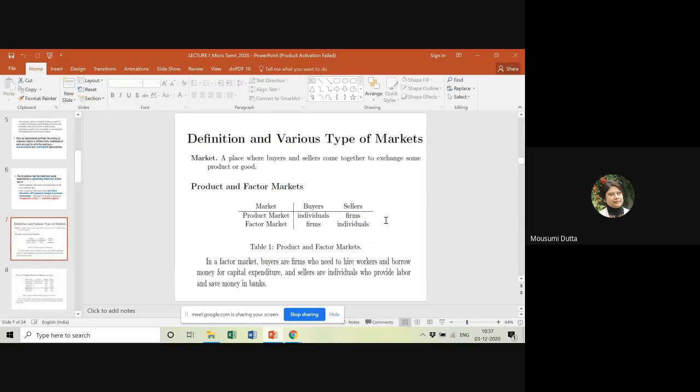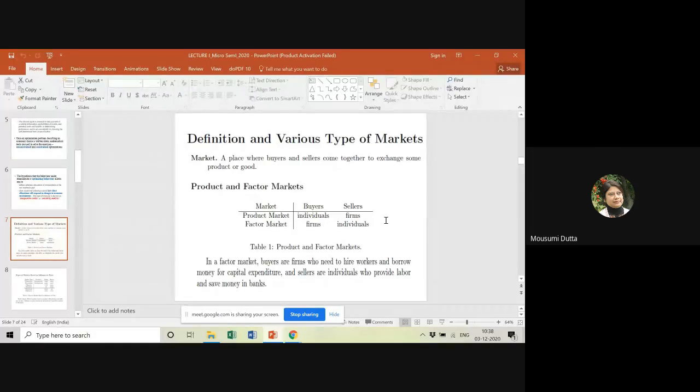Next, as I mentioned in the introductory lecture, we need to understand what the space is where these different units will interact with each other. To simplify the entire context, if we consider the whole set as the set of individuals, there will be mainly two broad subsets: demanders or consumers, and sellers or producers.